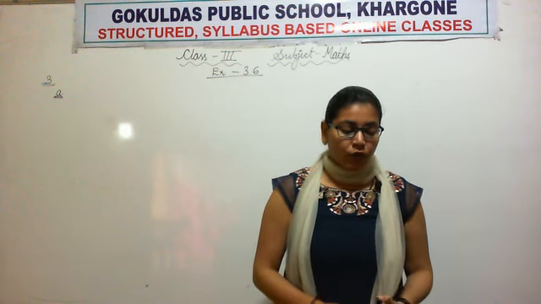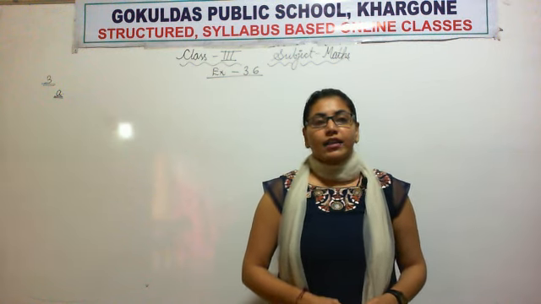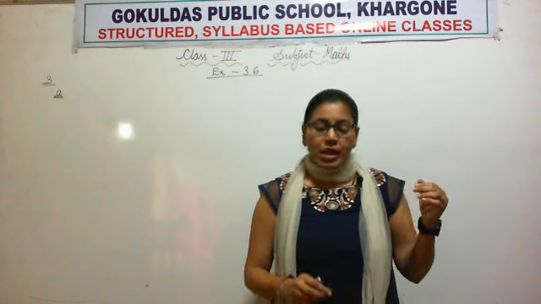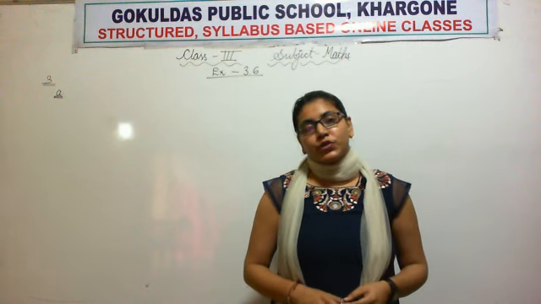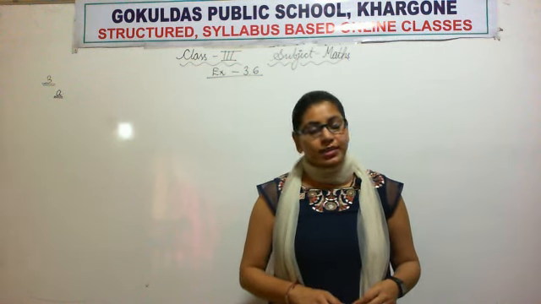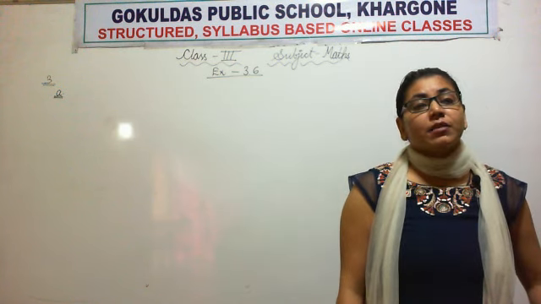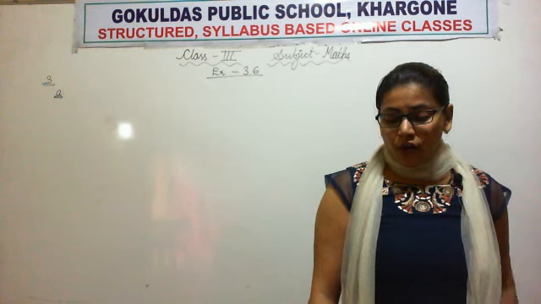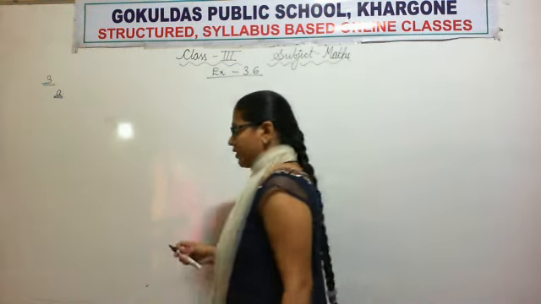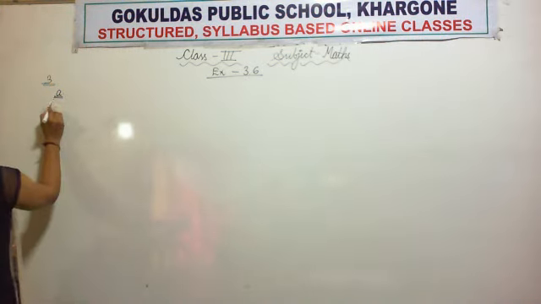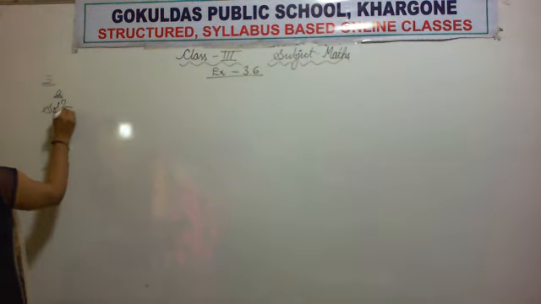Out of 84, 51 are girls. So if we subtract the number of girls from total students, then we'll get the number of boys. Very simple it is, but we have to find the estimated number of boys too. So first of all we will round off the given numbers. So let's start the solution.